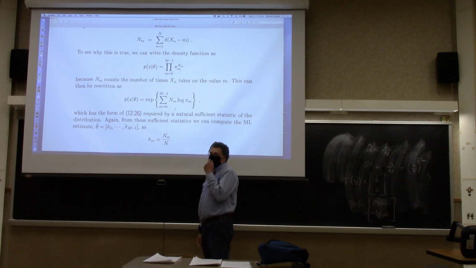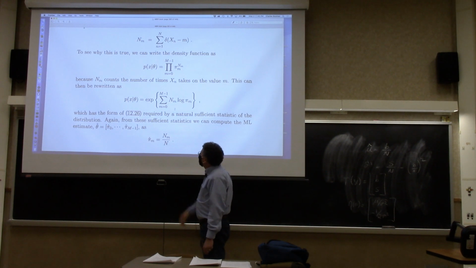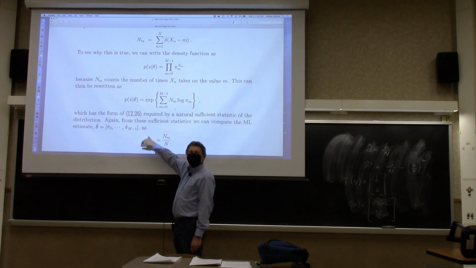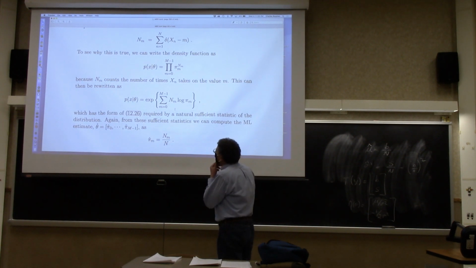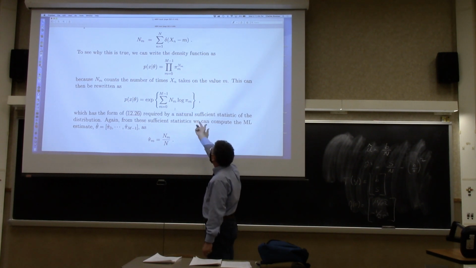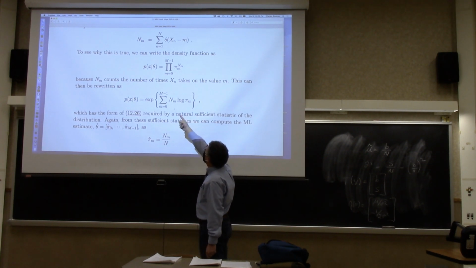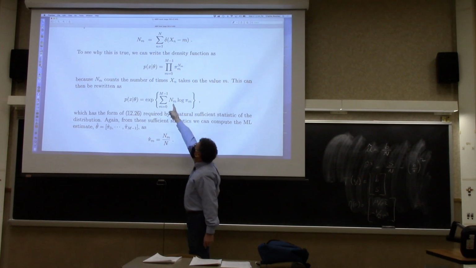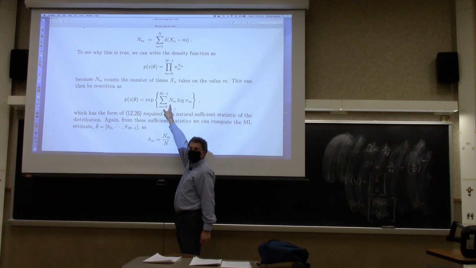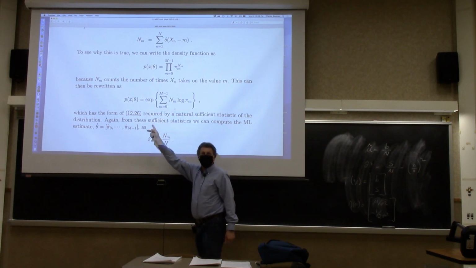So this is a fractional number you get here, okay? And, okay, right. So that's all good. And now in this form, n is the sufficient statistic. So this n here is the natural sufficient statistic for the exponential distribution.